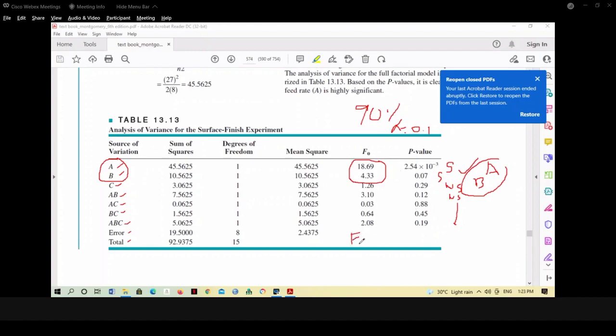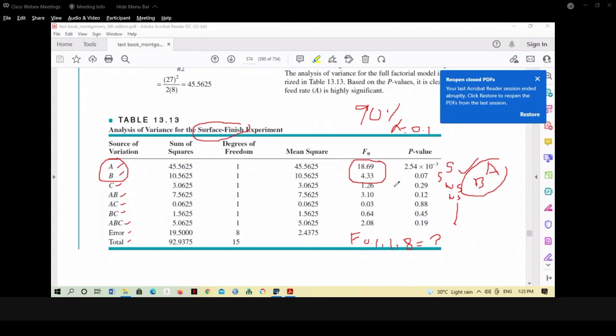Look at the table F 0.1 with 1 and 8 degrees of freedom, F 0.1,1,8 is 3.18 from the table. If the calculated F value is greater, then factors A and B are significant, affecting the response. What is the response? Surface finish. The rest are not.